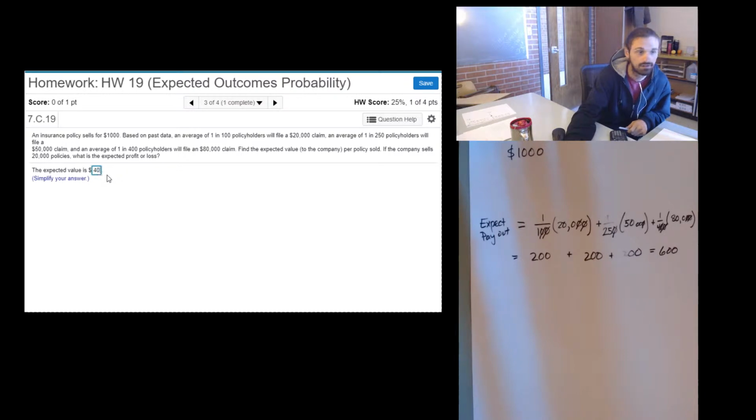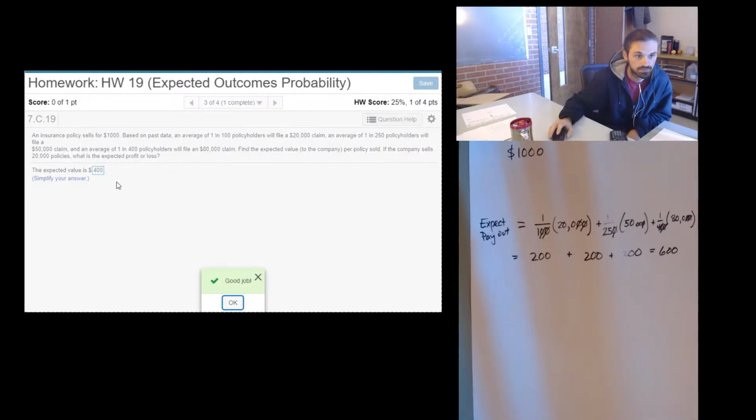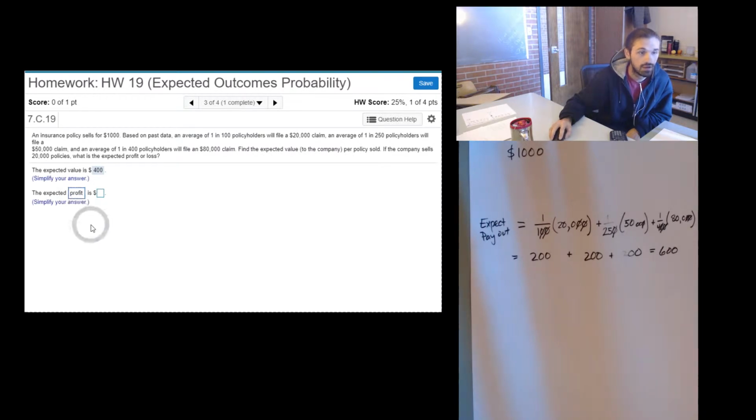That means for every $1,000 policy sold, the company can safely assume that they have yielded $400. The expected profit, so loss or profit, this number is positive, so we're calculating a profit. If the expected value is negative, it would be a loss. So it is going to be a profit, and where is it coming from?